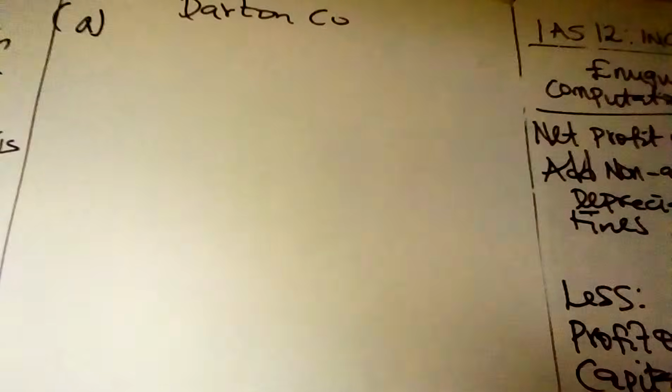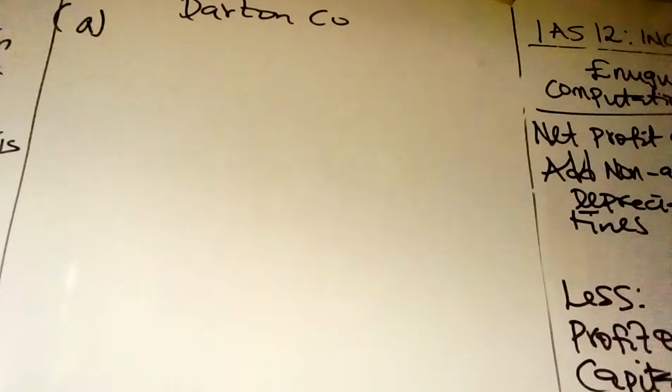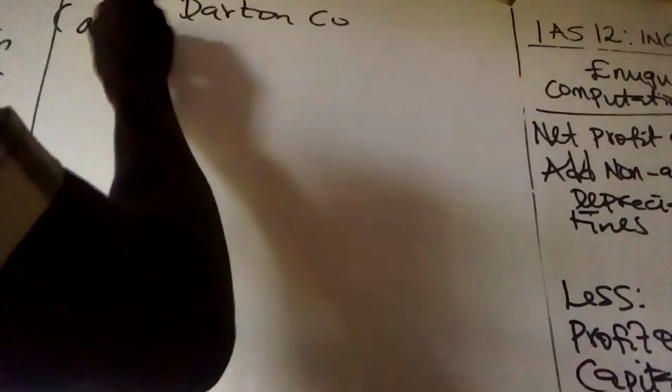So, Datin Co. You have to calculate the tax payable and the tax charge if the tax due on 20x7 was subsequently agreed with the tax authority. So, tax payable now.